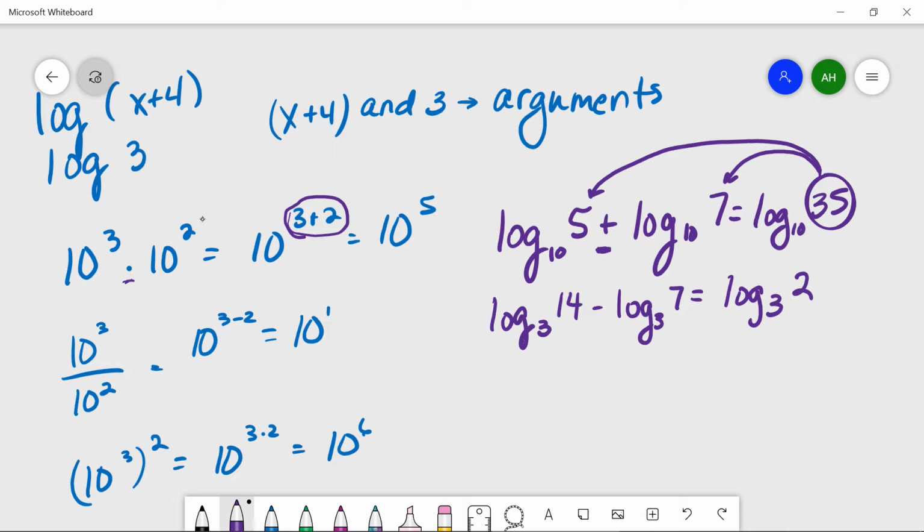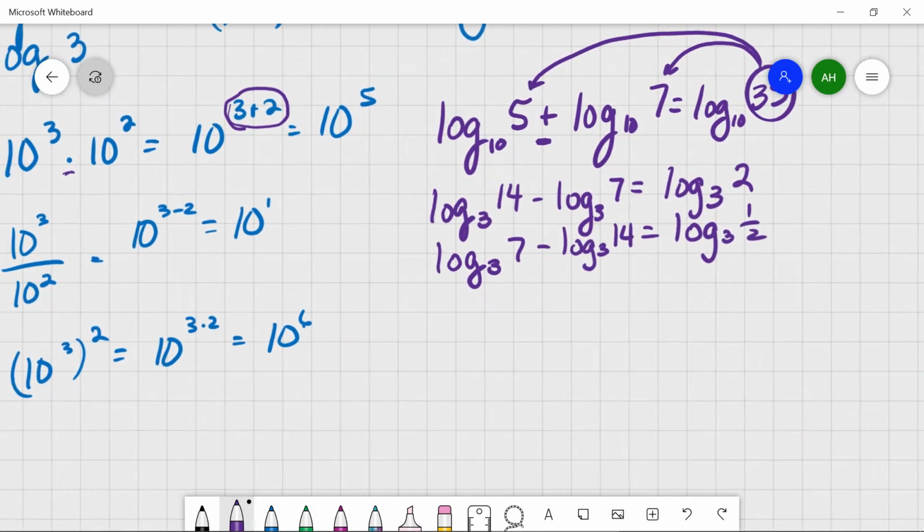All right, if I had log base 3 of 7 minus log base 3 of 14, this is going to be log base 3 of 1/2. I'm going to take the 7 divided by 14. Okay, so similar sort of thing over here. Originally, I'm taking base 10 cubed divided by base 10 squared. I'll subtract my exponents. Here, my logs are being subtracted, so I'm going to divide the arguments. All right, similar sort of math.